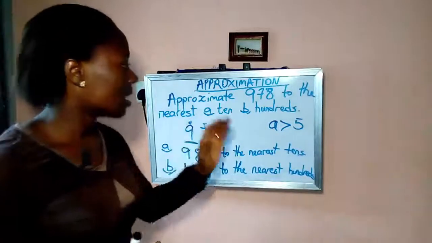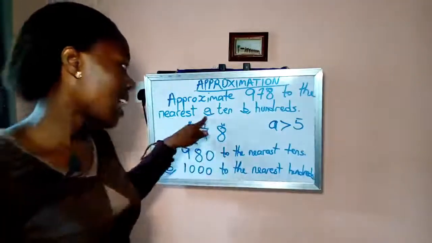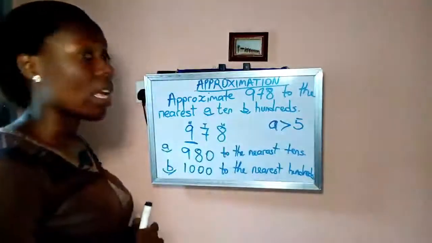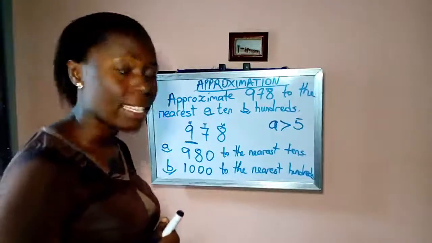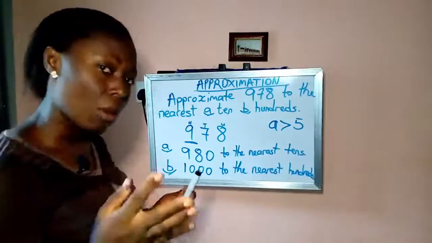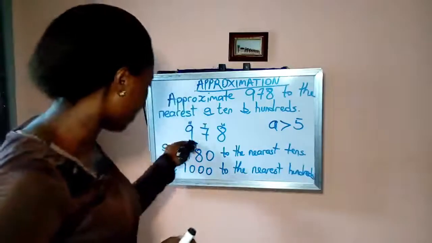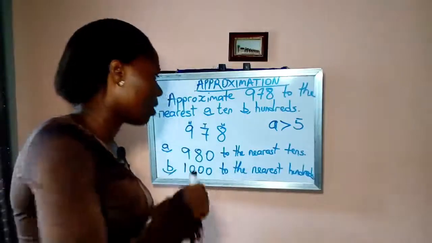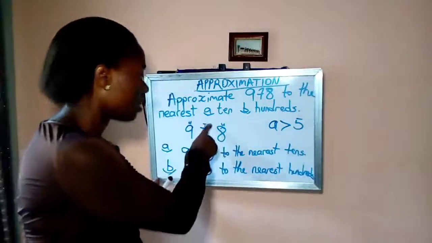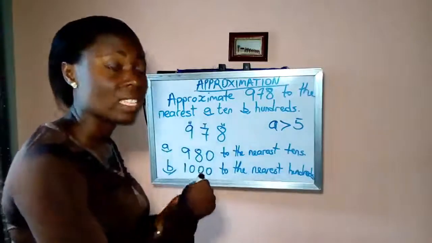Okay? The question again says, approximate 978 to the nearest A, 10, B, hundreds. Now, in our first class, we talked about place values, that is, the meaning of each digit in a number. Okay? Now, in this number 978, we know that our 8 is in units position, 7 is in tens position, and our 9 is in hundreds position.